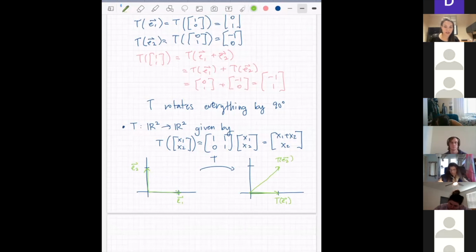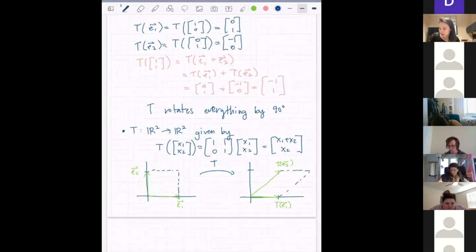And all of your vectors that are in the unit square, so everything right here, will get mapped to a parallelogram, actually. You could figure this out using the fact that this is a linear transformation. So for instance, T of E1 plus E2, just thinking about this geometrically.